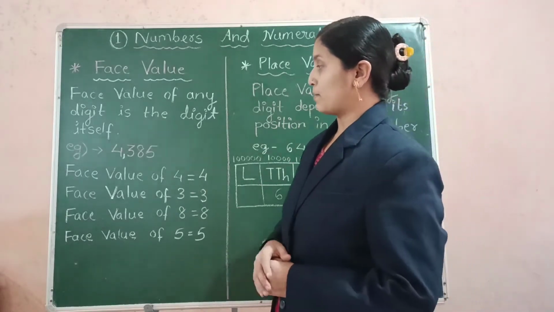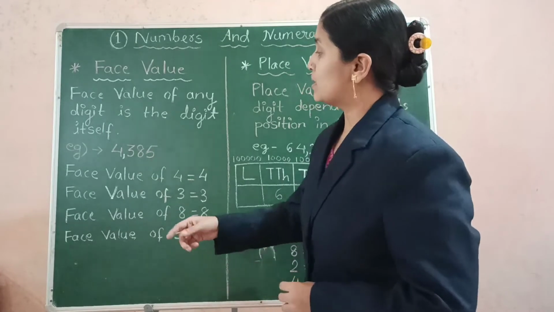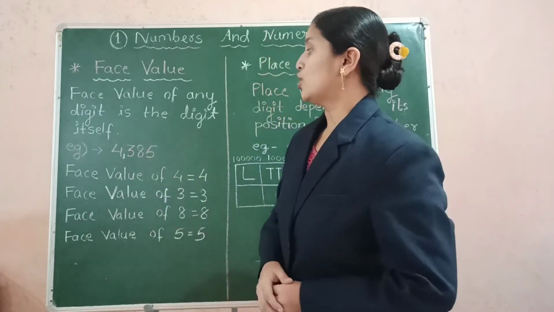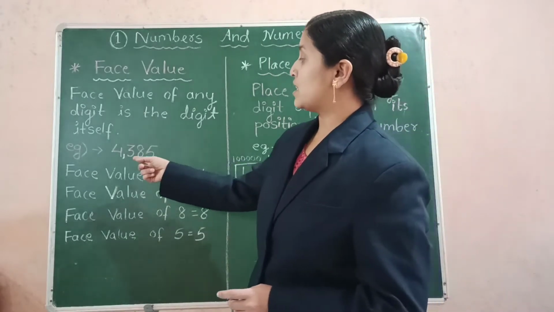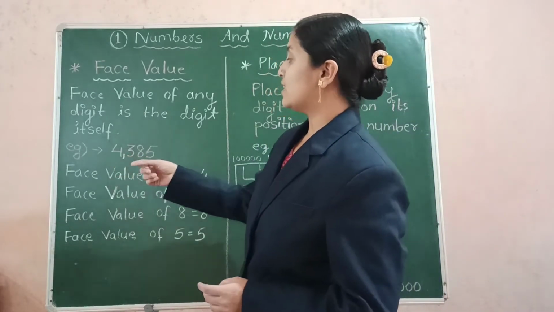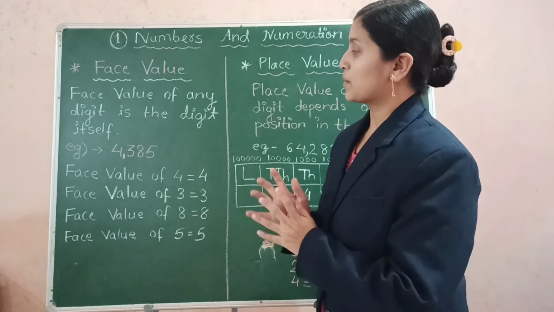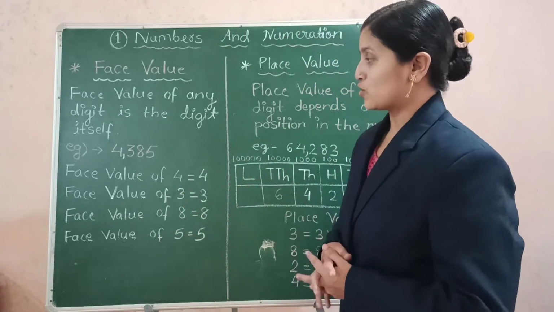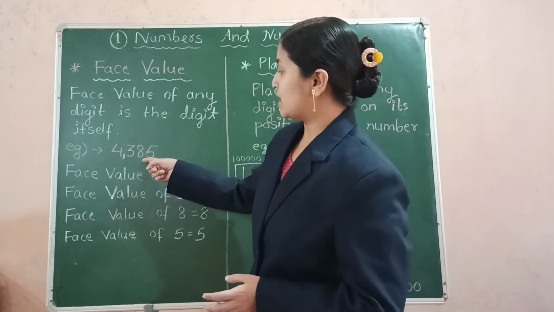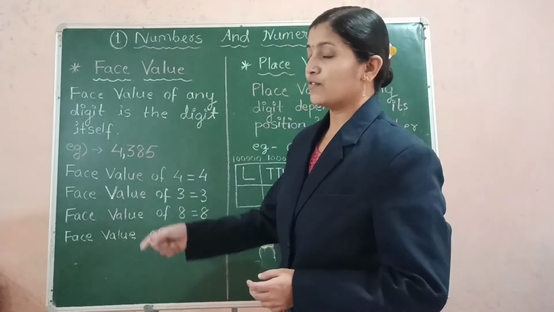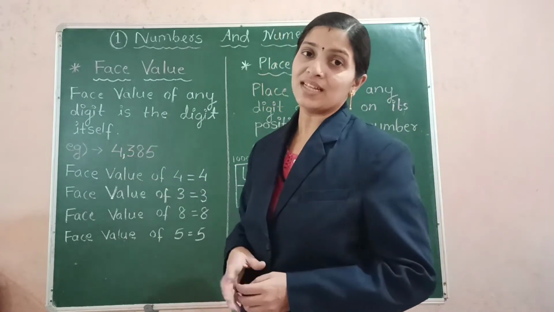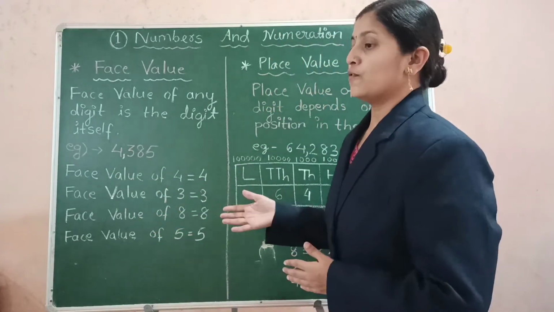So for example, let's see here, a number is given, that is 4385. You can see that this number is divided using the periods. So these three digits, that is 385, come in the ones period, while this 4 comes in the thousands period.